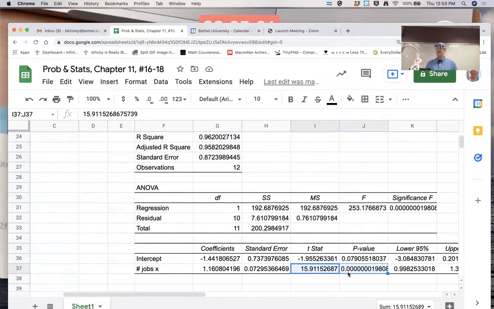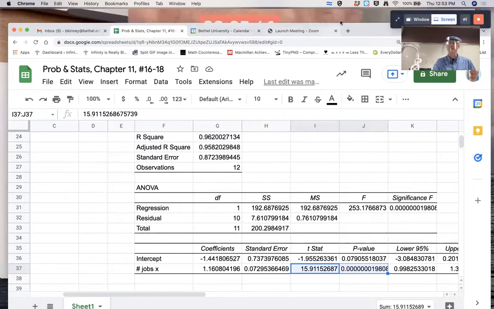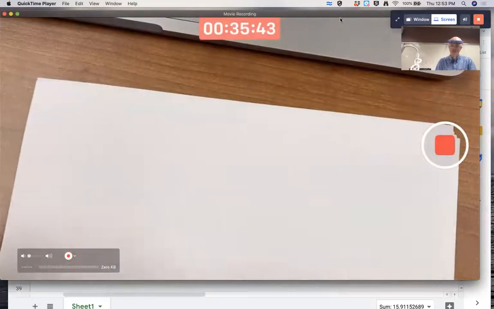The test for significance means to test the null hypothesis that the regression slope, not the intercept, but the slope, beta 1, is 0 versus the two-sided alternative that it's not 0.